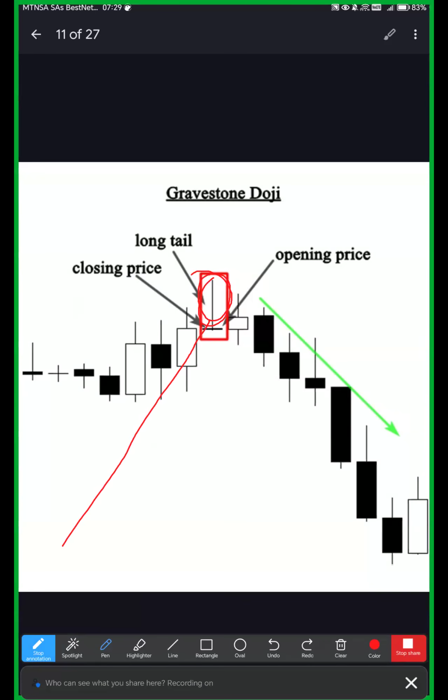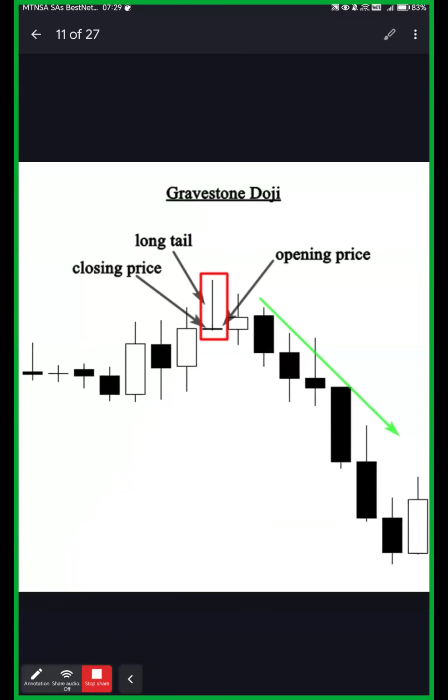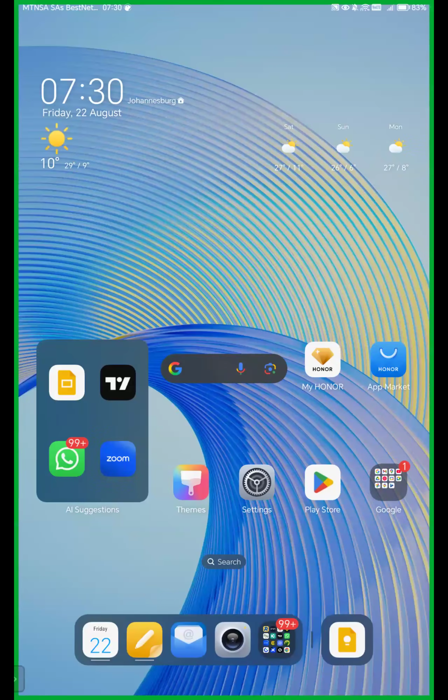Now sellers get an opportunity to take the price to the downside. This is how the power is exchanged when buyers and sellers are doing their performance in the market. So this is what we call language. We are measuring the temperature of buyers and the temperature of sellers when they are buying and selling in the market. Is this clear, ladies and gentlemen?